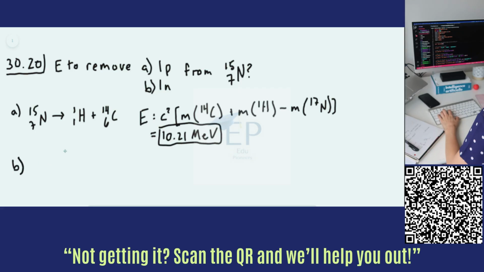Now doing the same for a neutron, we just create another isotope of nitrogen. So the number of electrons doesn't change, and we don't have to worry so much about that. We create a neutron, and because the number of protons is the same because it's still nitrogen, all the electrons can stay there.